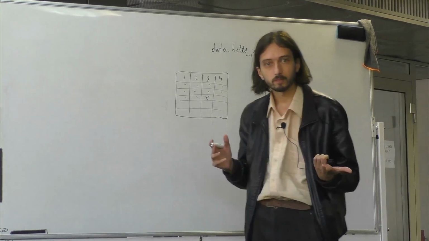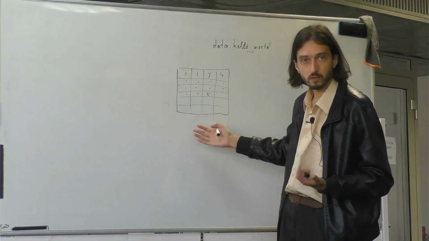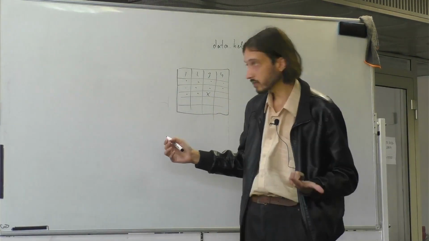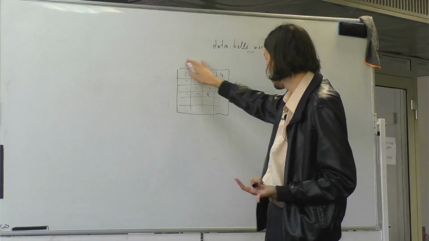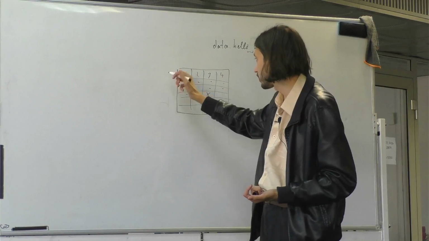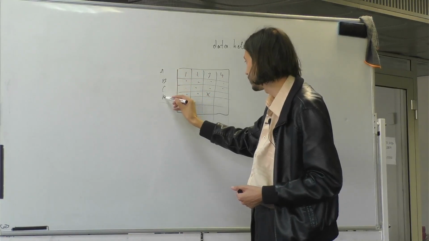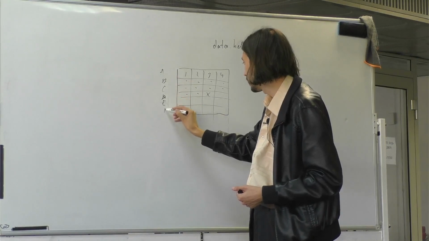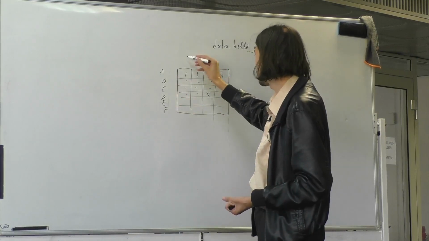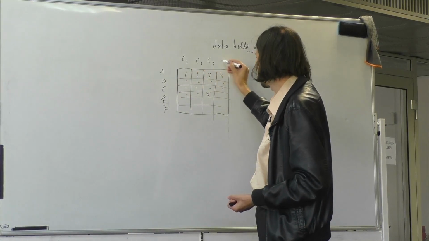It's continuous memory, it's faster. Yes, it should be continuous, first of all. And the second thing, you are keeping track of your columns and your indices. So you are indexing this table. You say, for example, this is A, B, C, D, E, F, and so on, and here are columns like C1, C2, C3, C4.